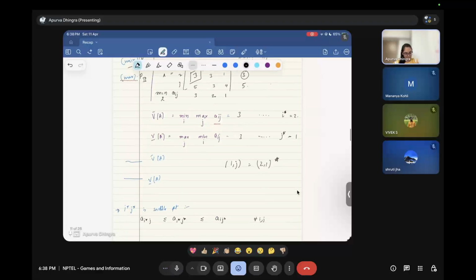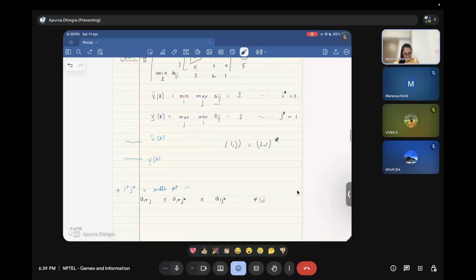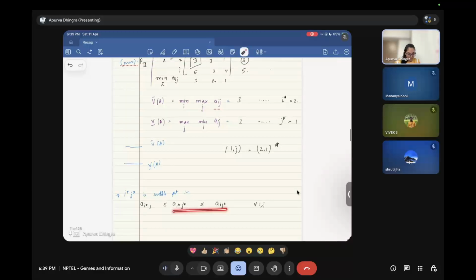Another way to think about Nash equilibria is to talk about saddle points. They say a saddle point is such that, suppose there is a profile I star j star, then if you compare through the row, whatever you have is the minima.